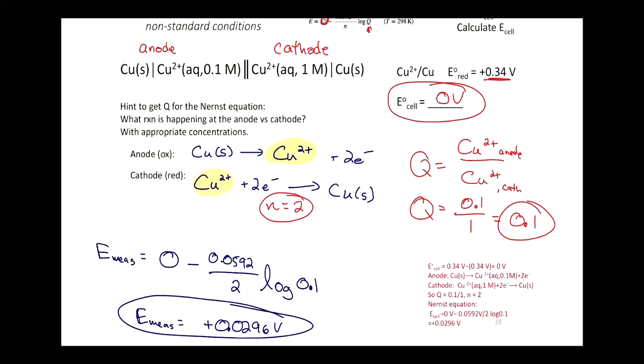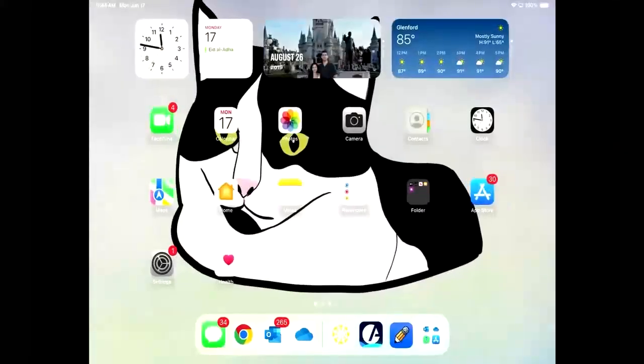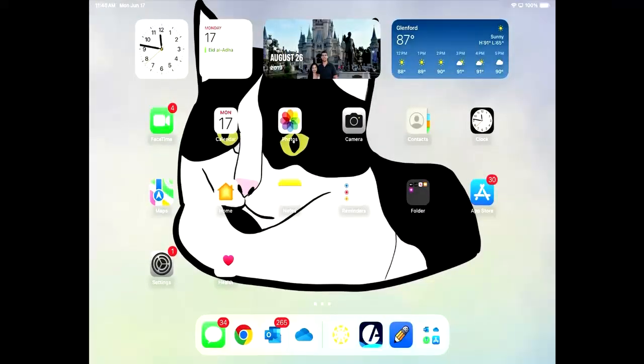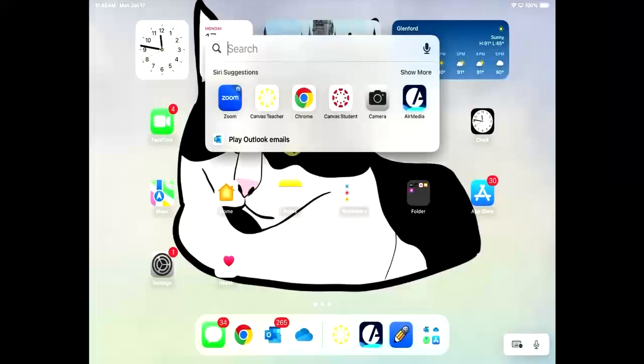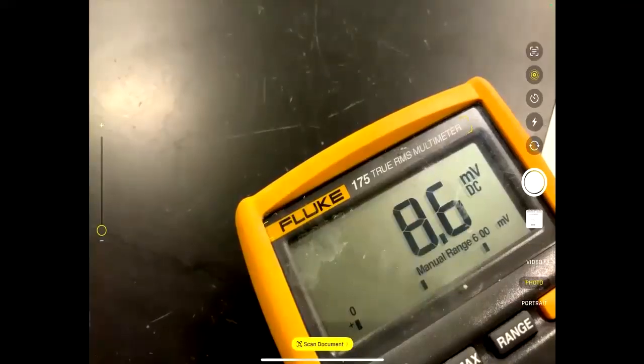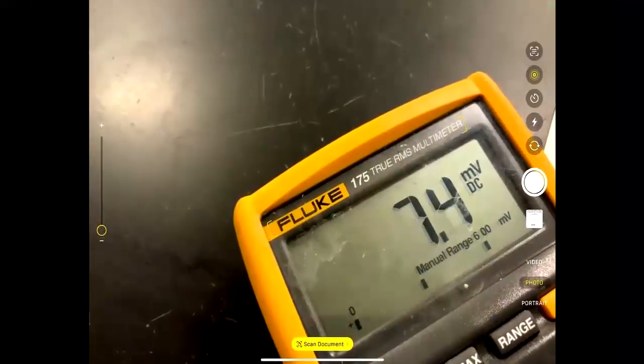So let's see if we can make this happen. I'll show you my camera to prove to you that something's happening. Can you read this? Okay, see? Right now it's not connected to anything, so it's reading 0. I touched it for a second, so it's reading very close to 0.